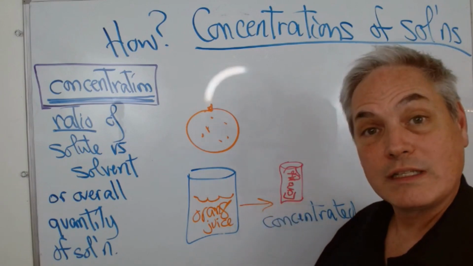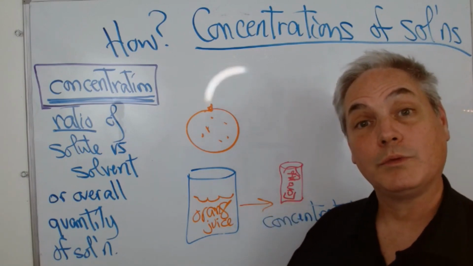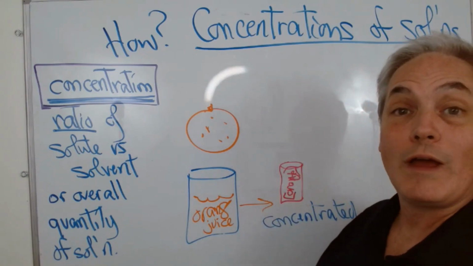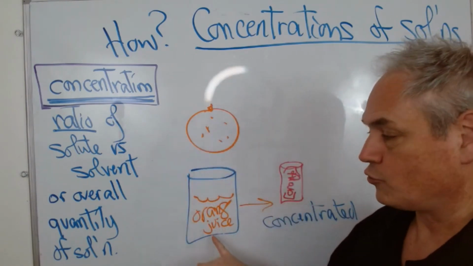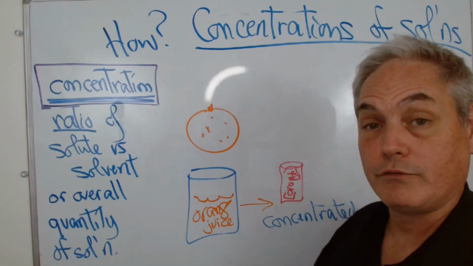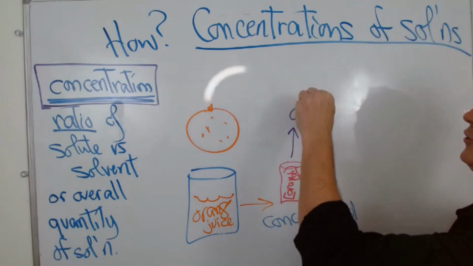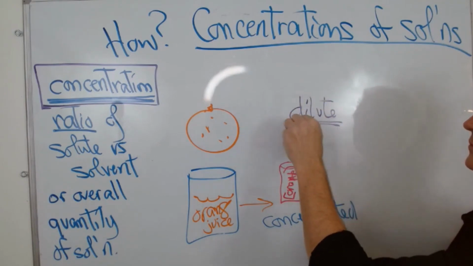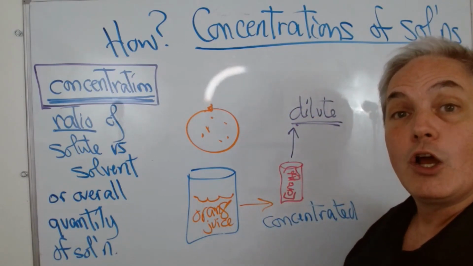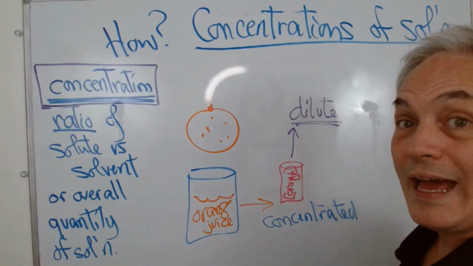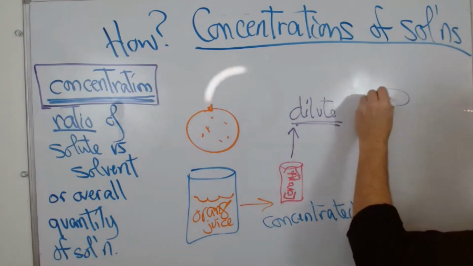Now, often we buy this at the grocery store. It is in the frozen section. Now we get home. What do we do? We have frozen juice, and now we want to have a juice that is closer to the original concentration of orange juice. So we will dilute the concentrated orange juice into another container where we have an orange juice again, like this.